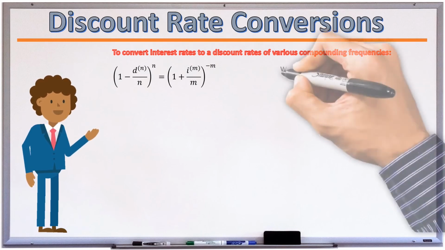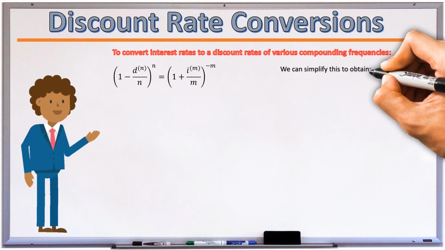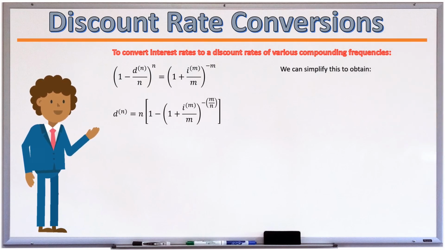Simplifying this gives dn = n × (1 − (1 + im/m)^(−m/n)). Or similarly, im = m × ((1 − dn/n)^(−n/m) − 1).